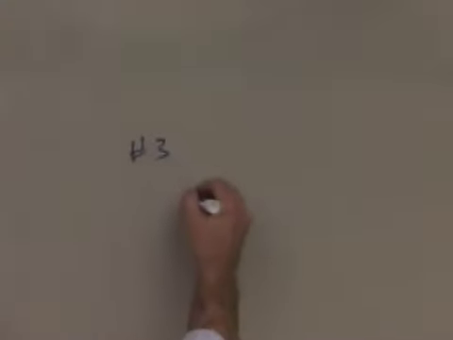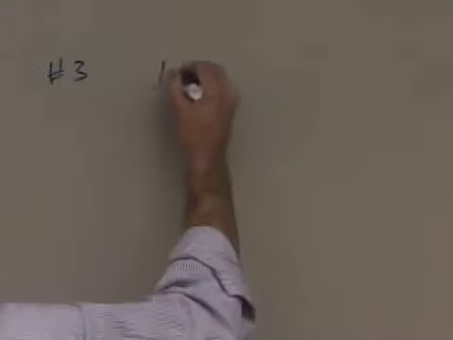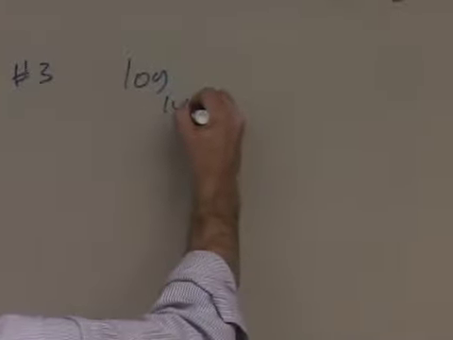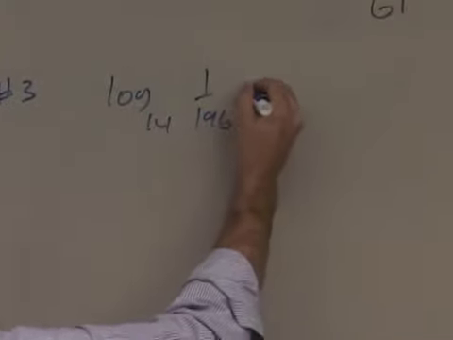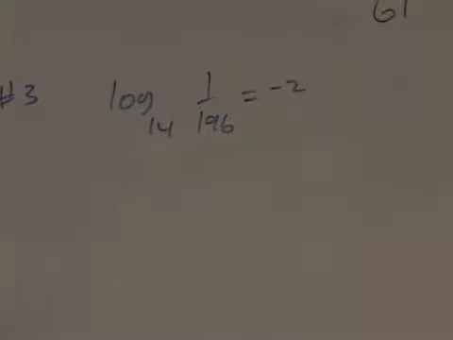We'll just do 3 and 4 here. Log base 14 of 1 over 196 equals -2. So how do I write that as an exponential equation?